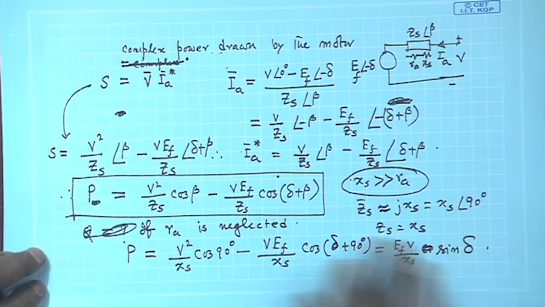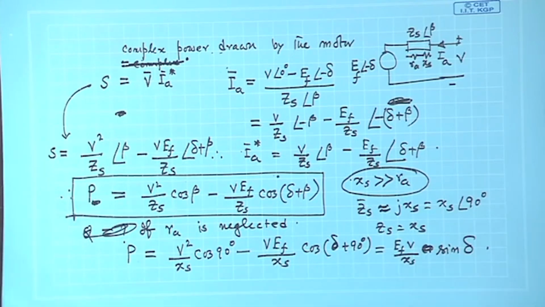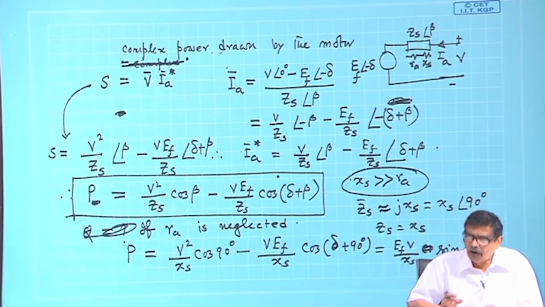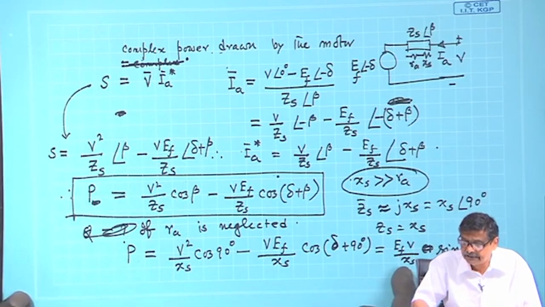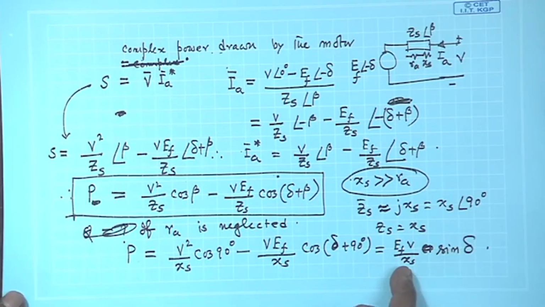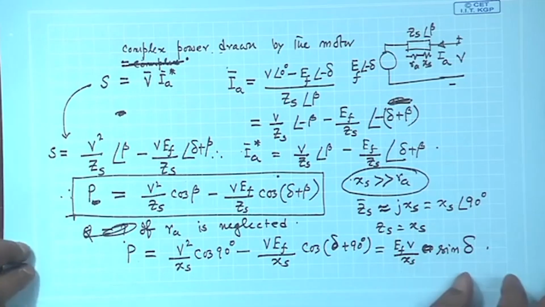Therefore, the expression of the power, if R A is neglected, which is often the case, is this. Power system engineers will simply neglect R A and represent the synchronous machine in terms of X s alone, with the understanding that armature resistance is much smaller compared to the synchronous reactance of the machine. You will get the same expression as that of generator and motor.